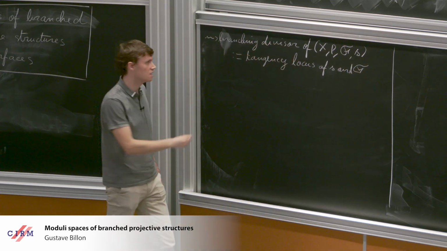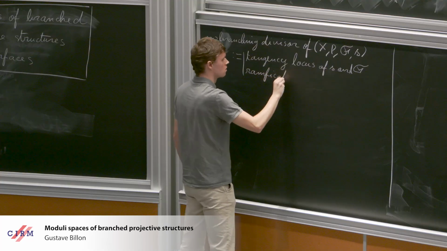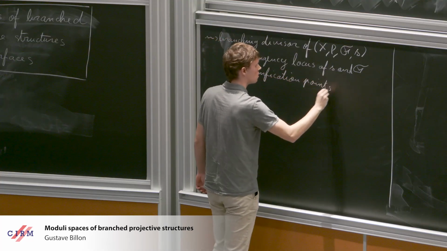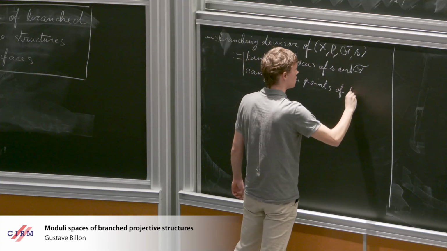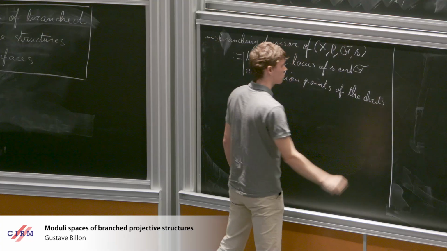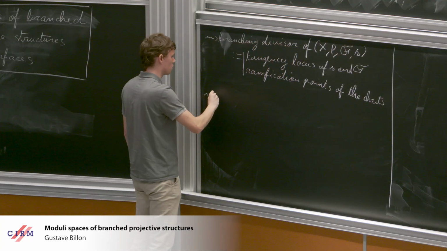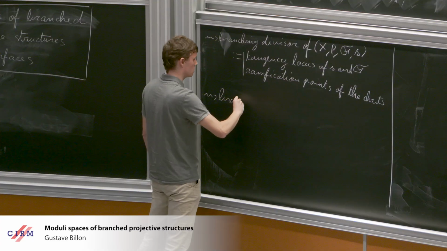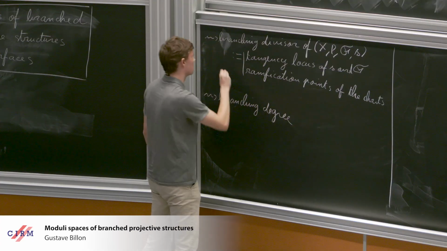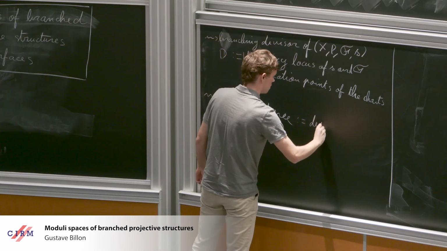Or you can also see it as the ramification points of the charts. And then there is also a branching degree, which is the degree of the branching divisor. So let me call D this divisor, and the branching degree is the degree of D.